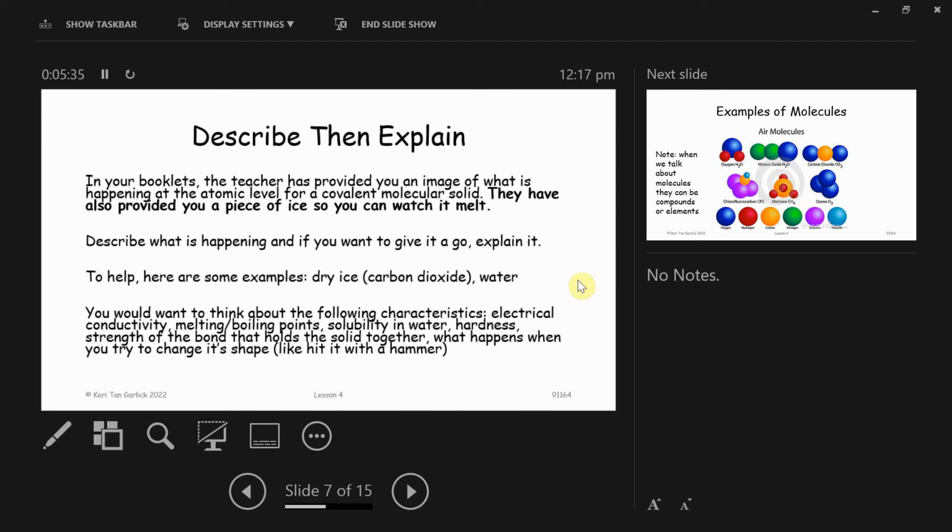I want you to think about the properties of covalent molecular solids. So some examples of that would be dry ice, which is that carbon dioxide, and water, aka ice. I'm going to go see if there's any ice in the freezer, and I'll leave a little bit of ice on your table. You can look at the ice and see if you can think about describing what the ice looks like and what properties it has, explaining why it has it.